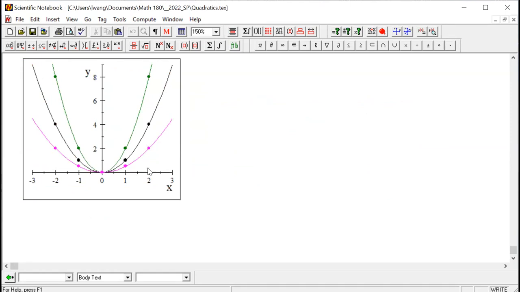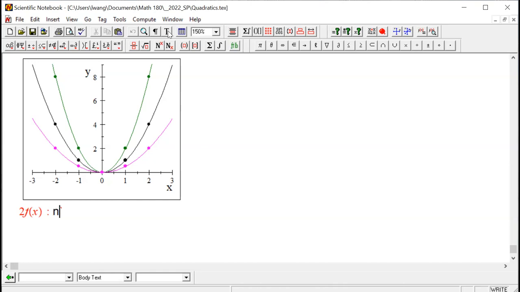So the negative of f of x, we did it, right? So let's summarize, right? If we do 2 times f of x, what's going on? We are doubling the output, okay?